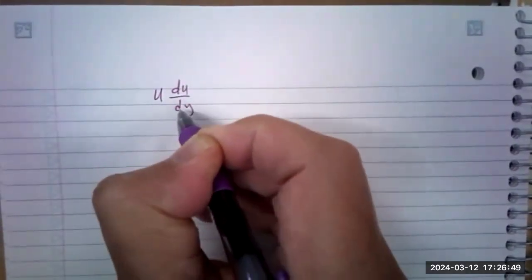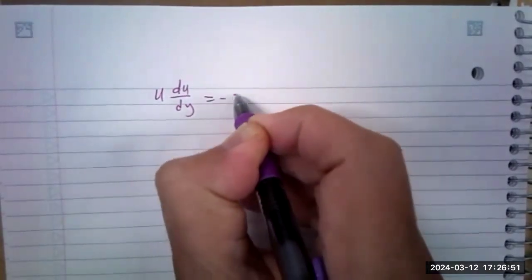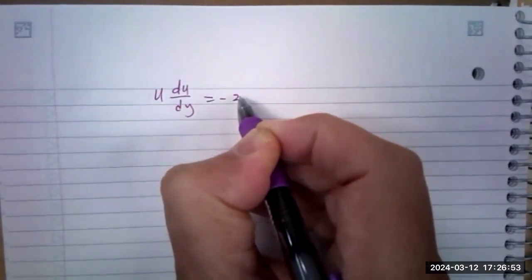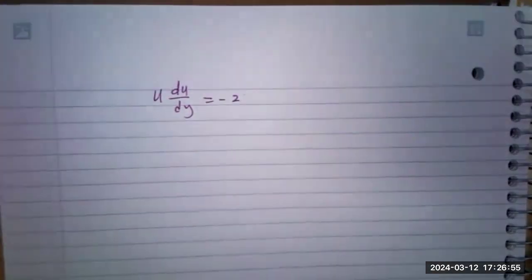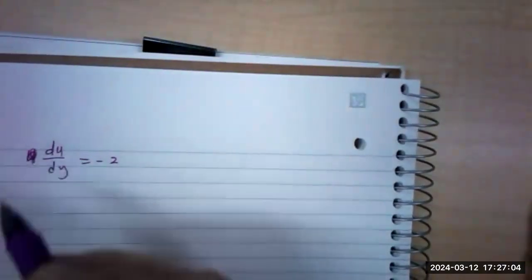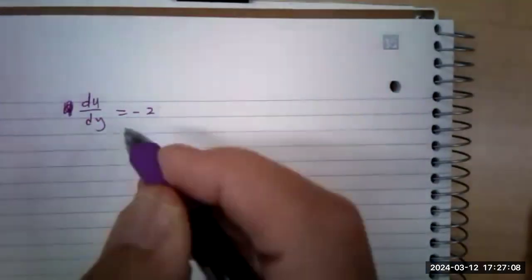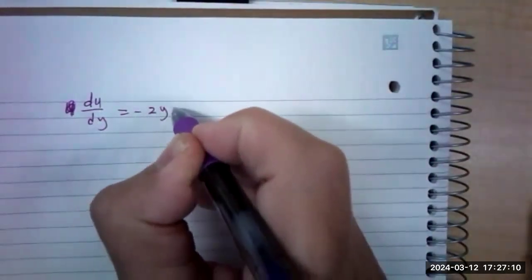So move one of them to the other side. This is what we have. It's u du/dy. Now it is equal to negative 2y. Okay, I'm sorry, I divided already. So du/dy is equal to negative 2y u squared.